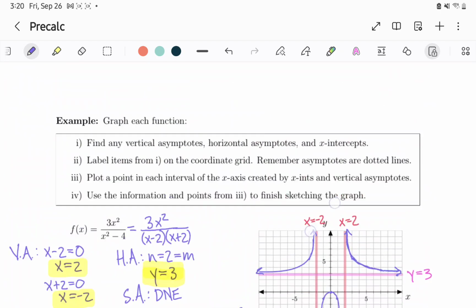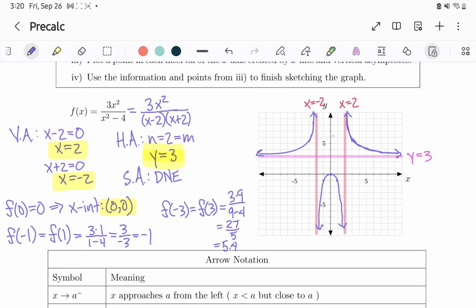Looking at our graph here, as x approaches -2 from the left, we have that f of x is tending to plus infinity because the function's values are just increasing without bound. That's as we approach the vertical asymptote, so this is x going to a from the left.